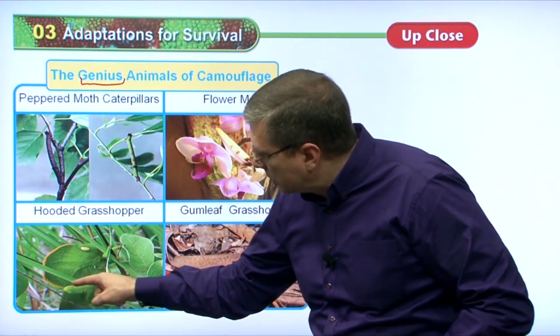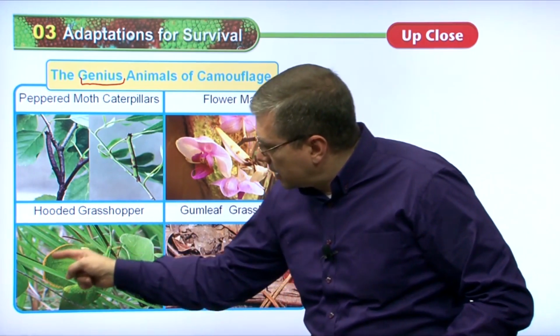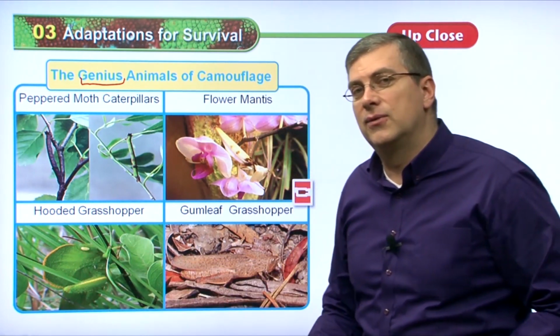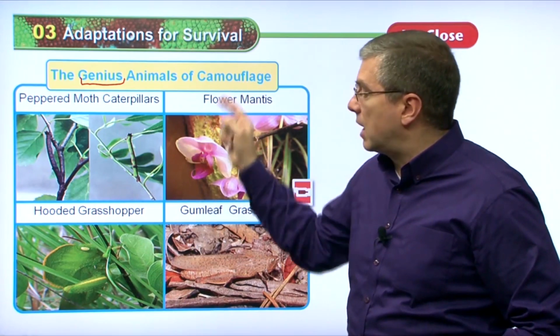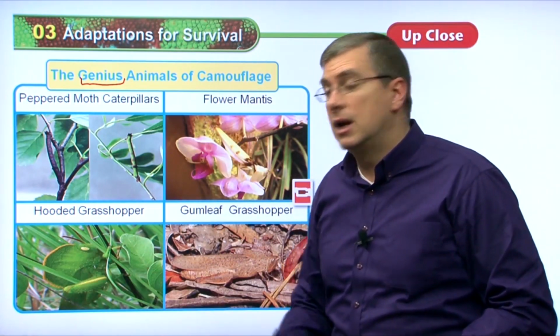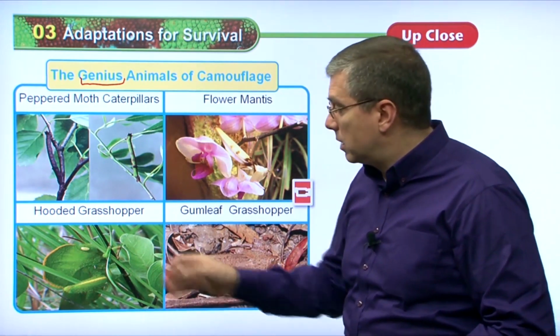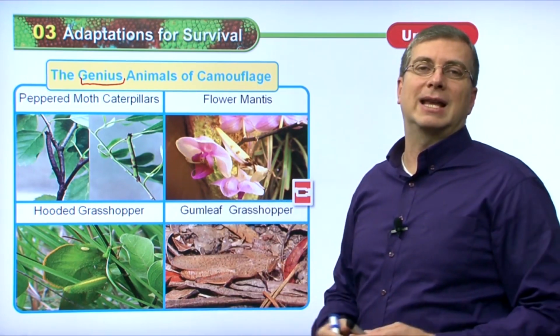That's the hood right there. That hood is so big, and it's got yellow on the edge, it looks like a leaf of the plant. So this hooded grasshopper is using camouflage to look like a leaf of the plant. So it's very difficult to see it right away when we look at this plant. So as I said before, insects are masters at camouflage.